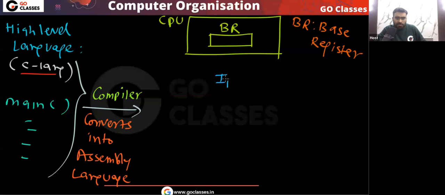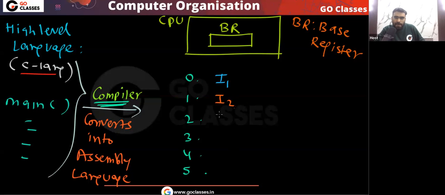This compiler will convert your code into assembly language. And when it is converting to assembly language, it will give only labels. Like, this is line number 0, this is line number 1, line number 2, 3, 4, 5, and so on. Are you getting my point?